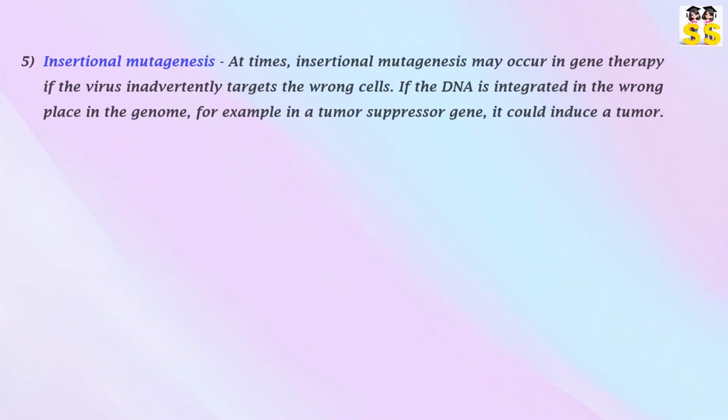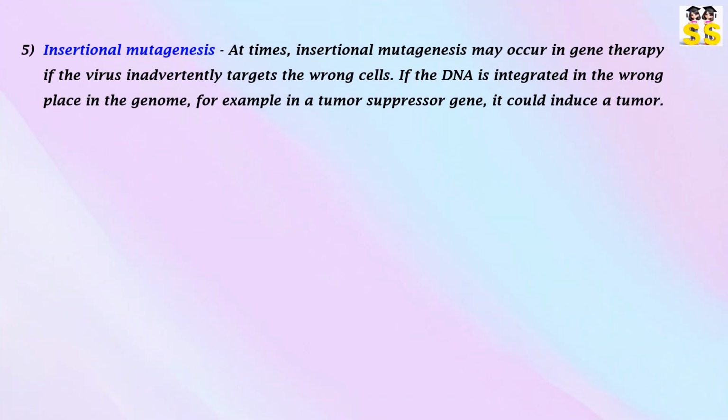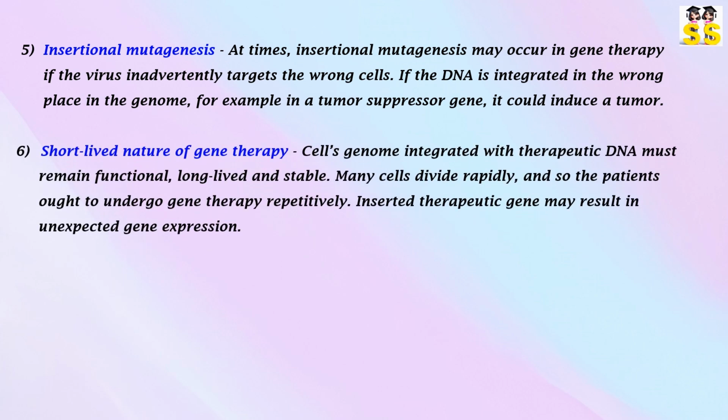At times, insertional mutagenesis may occur in gene therapy if the virus inadvertently targets the wrong cells. If the DNA is integrated in the wrong place in the genome, for example in a tumor suppressor gene, it could induce a tumor. Cells' genome integrated with therapeutic DNA must remain functional, long-lived, and stable. Many cells divide rapidly, and so patients ought to undergo gene therapy repetitively.